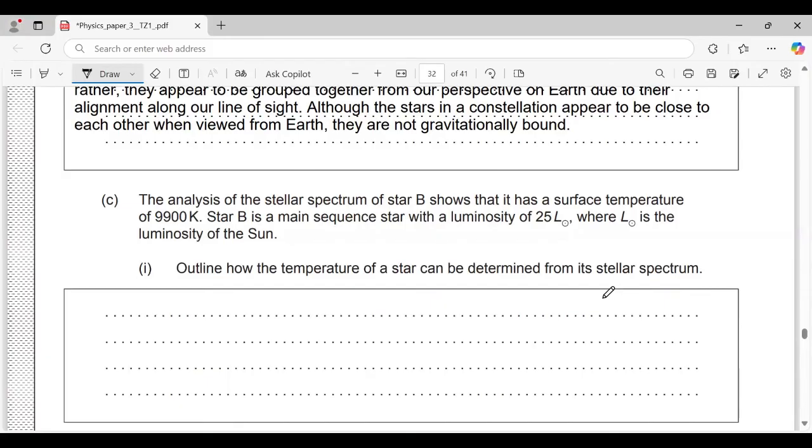We can determine it through Wien's displacement law.